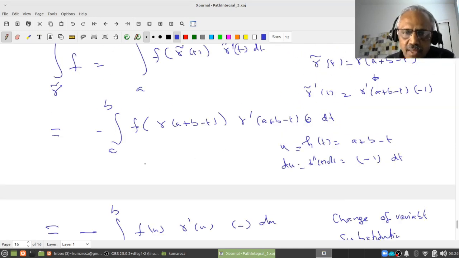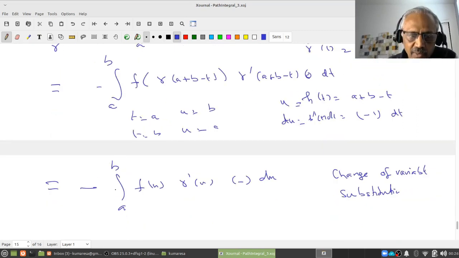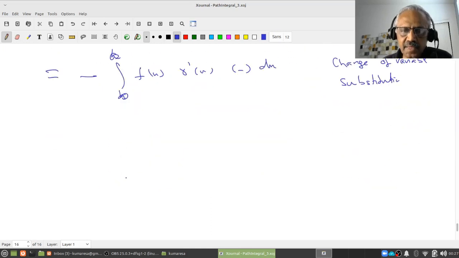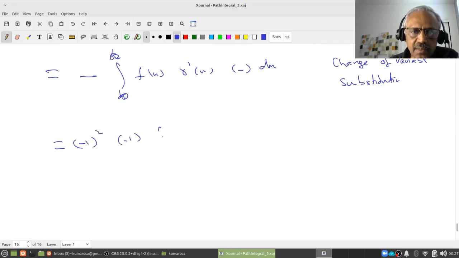Okay, but then I have to be careful here also, this is not the integral I wrote. When t equal to a, what is u? U is b. When t equal to b, what is u? It is a. Therefore this integral is not a to b, but it is b to a. Yeah, therefore there is already minus 1 squared into another minus 1, because integral b to a is minus integral a to b f of u gamma prime u du, but this is minus integral of f over gamma.